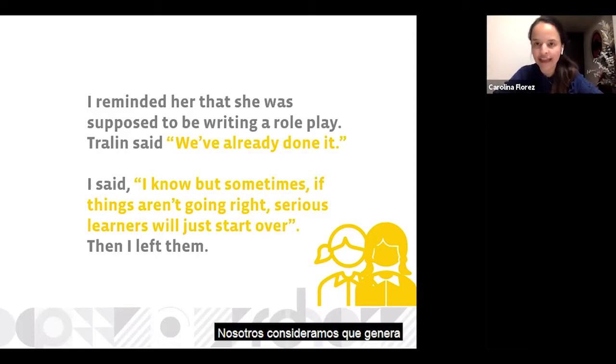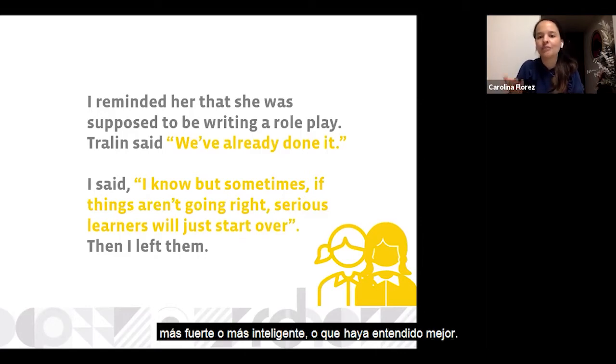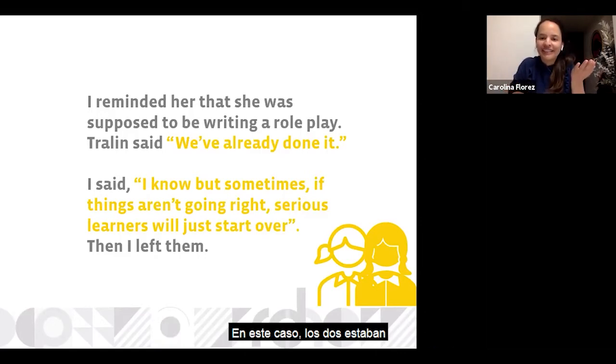We consider that it generates reflection, refers to both of the students, avoiding blaming just one, gives a balance to the relationship, and avoids a power relationship, because no one will feel that it's more intelligent or got better the instruction. Both were at the same level, which is very positive.